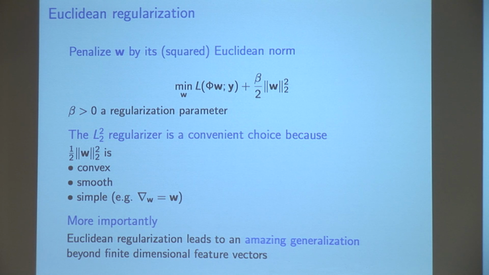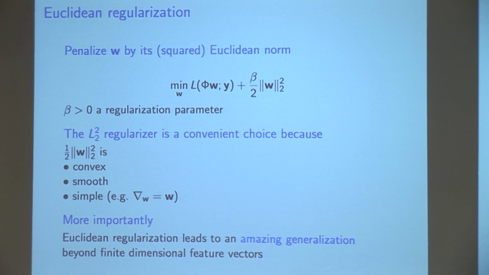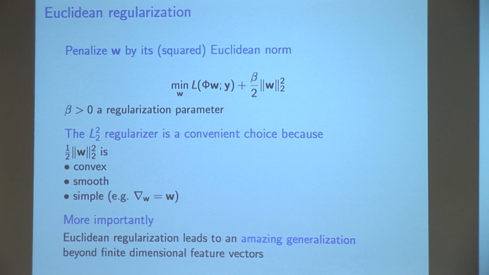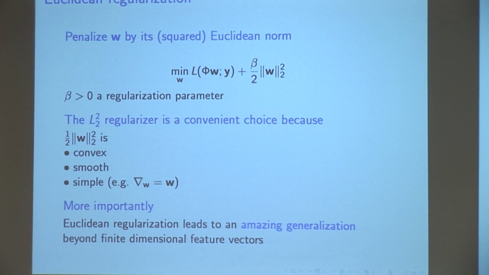Oh yeah, we probably want it to be convex, at the very least, or we're going to lose tractability of training. This one is smooth. That means we have a gradient, and the gradient's really simple. It's just a linear function of the data. It has almost no impact on the computational procedures. If you're doing least squares here, this is just a small spectral shift of the matrix in the normal equations, whatever.